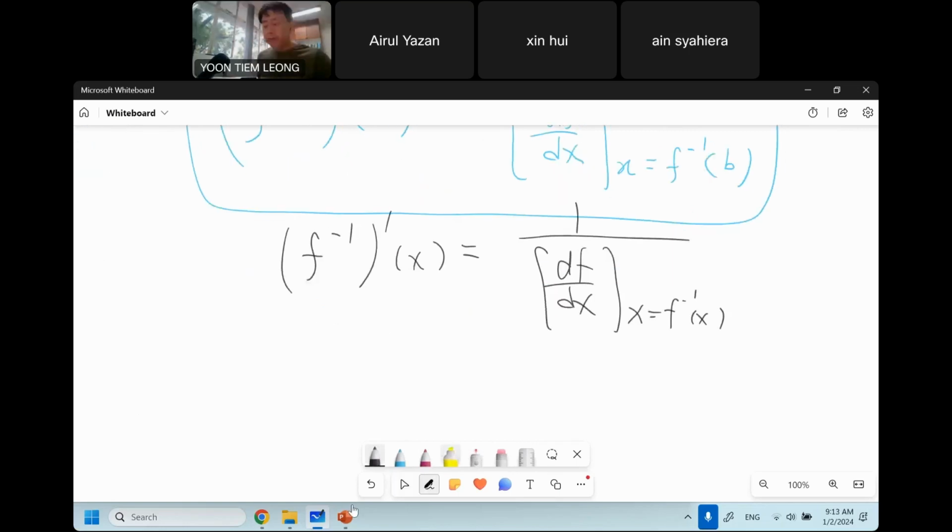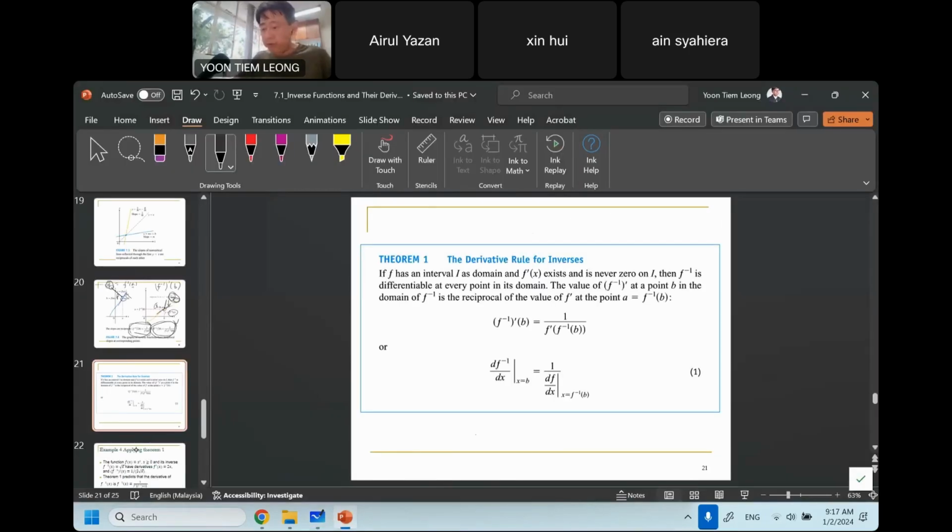So in other words, what you can derive from this very simple relationship is this. If you know the original function f, and you know the derivative of the function f, then you take the expression of x in the derivative of the function and replace it by the expression of f inverse, then you'll be able to get the derivative of the inverse of the function. This is called theorem 1, the derivative rule for the inverse.